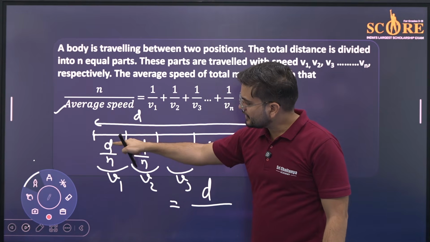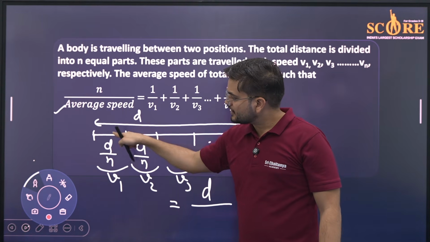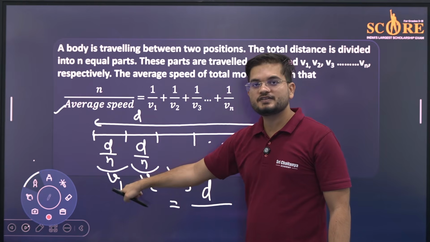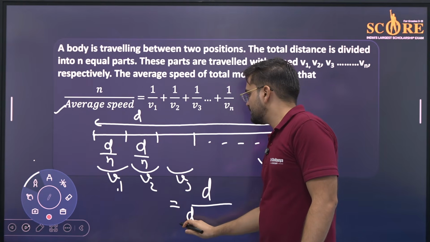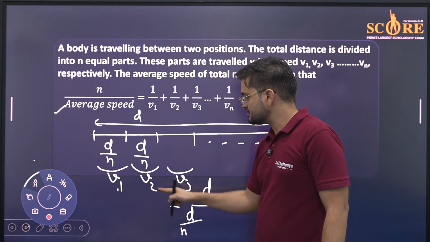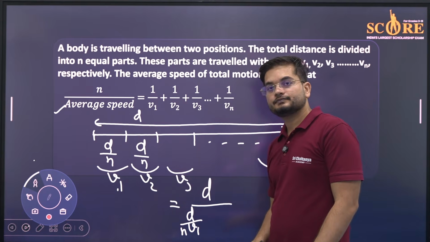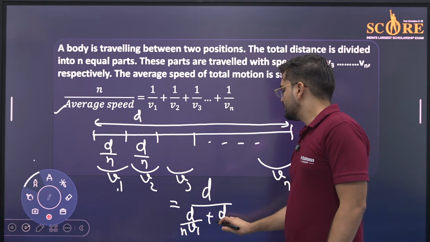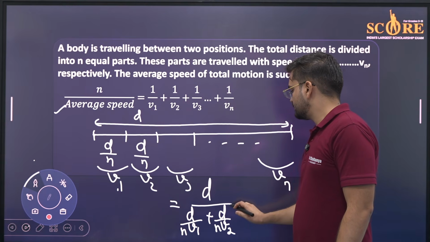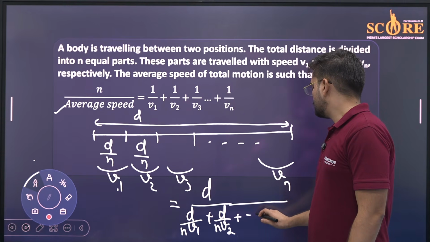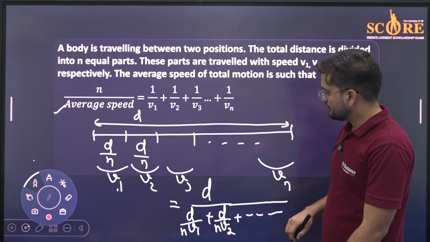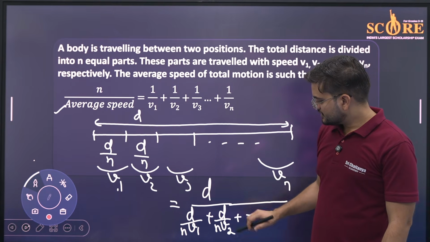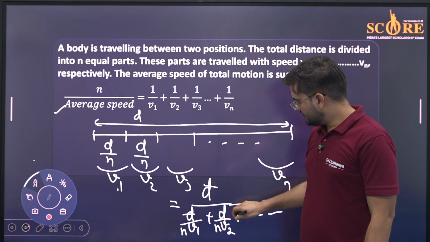T1 will be the distance travelled in the first part divided by speed, so T1 will be d by n divided by v1. And the next is d by n by v2 for T2, and so on. So you can see that d will be cancelled.